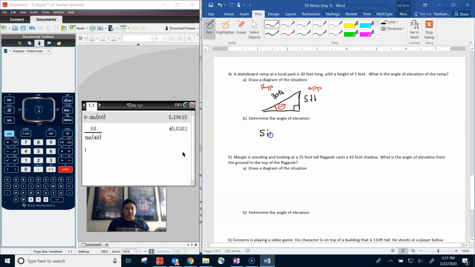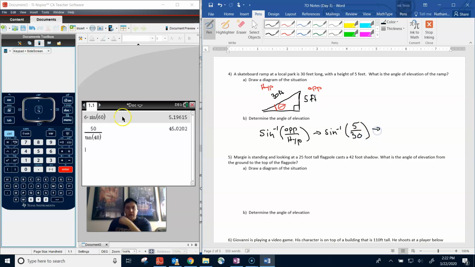Sine does. But remember, if we're trying to find a missing angle, we have to use sine inverse. You only have to use the -1 when you're trying to find missing angles. So this would be sine inverse of the opposite divided by the hypotenuse. Let's plug this in. Sine inverse of our opposite, 5 feet, over 30.